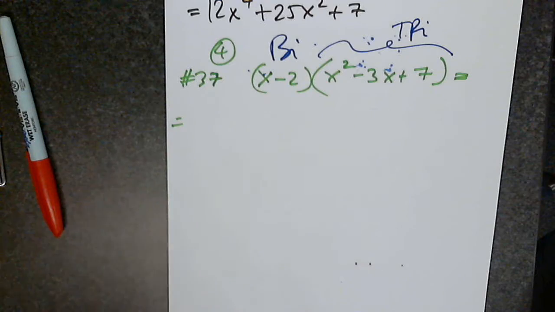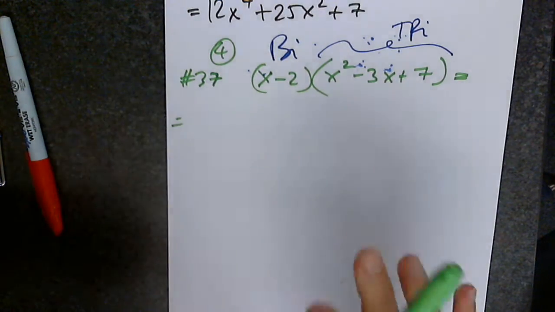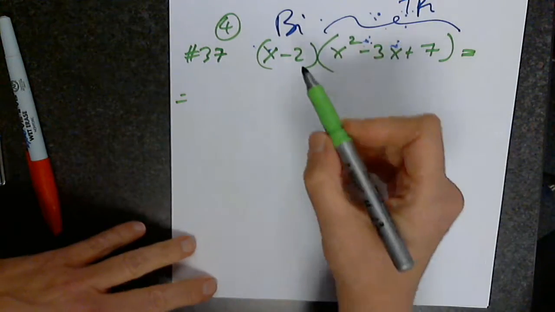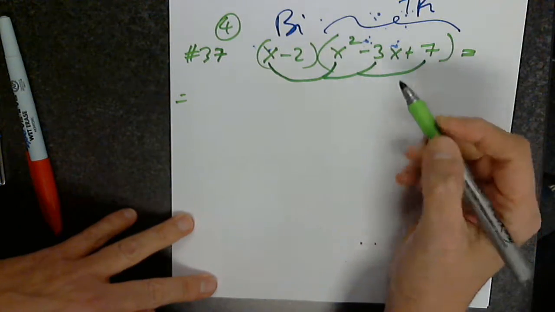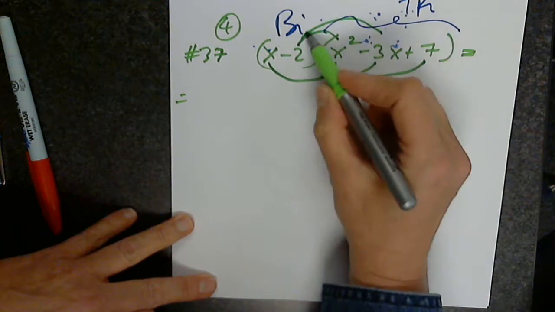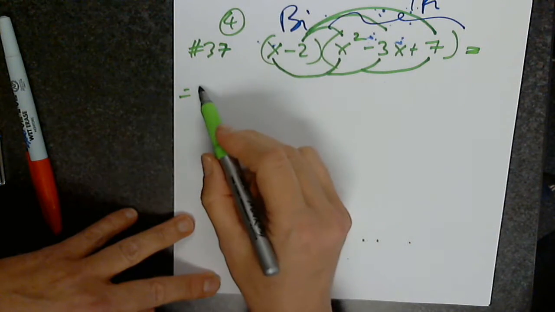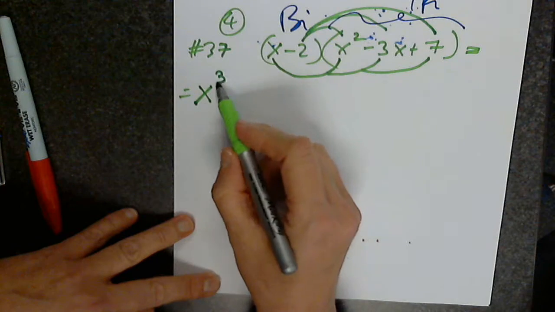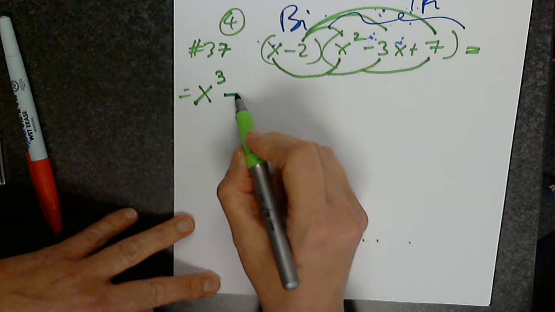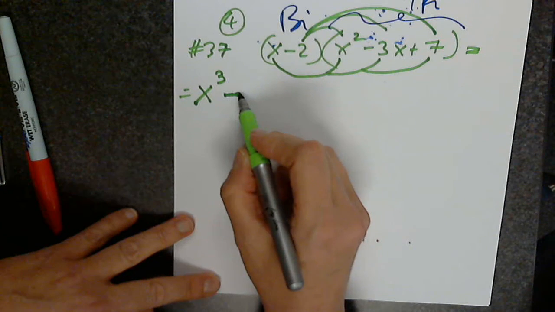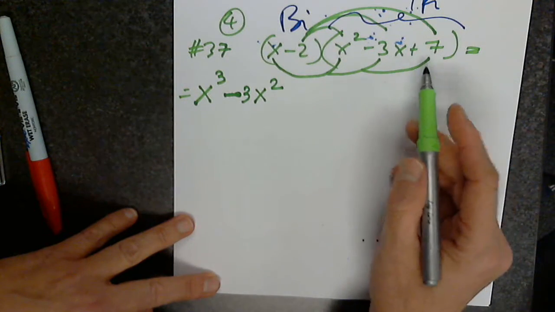So this is no longer FOIL. Here's what we need to do. If you want to watch just the first example, and then we'll have plenty of examples. I have to distribute x this time to 3 terms, and then -2 to 3 terms. So x times x squared, x times -3x, and x times 7.